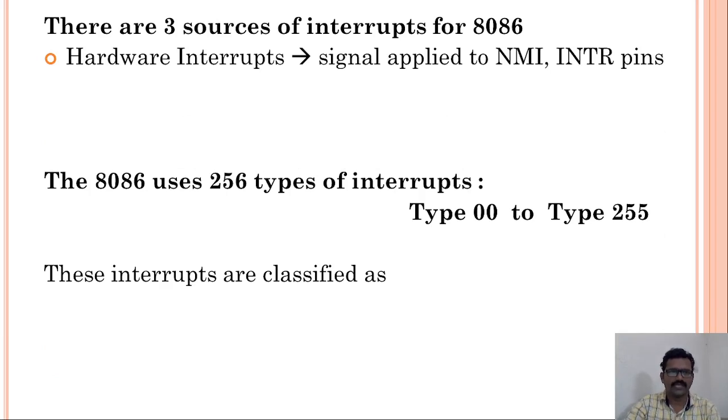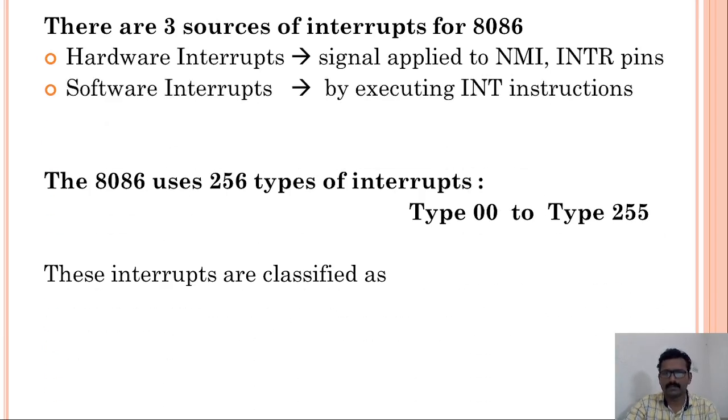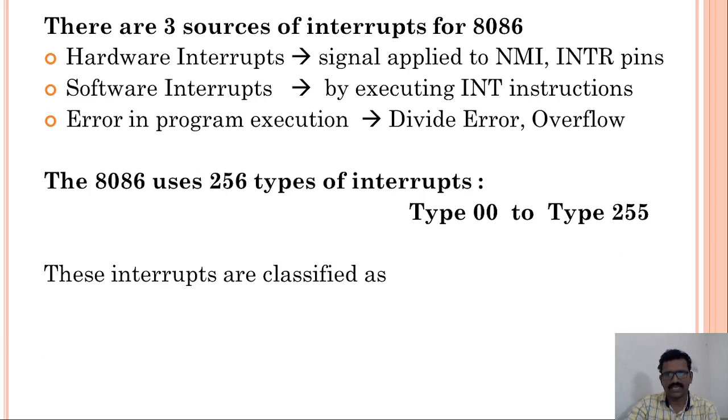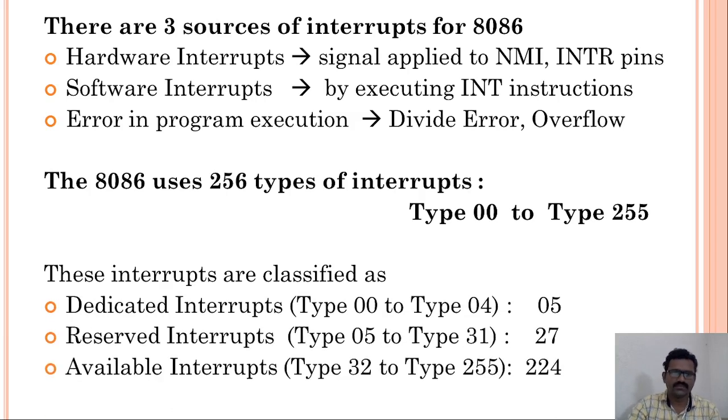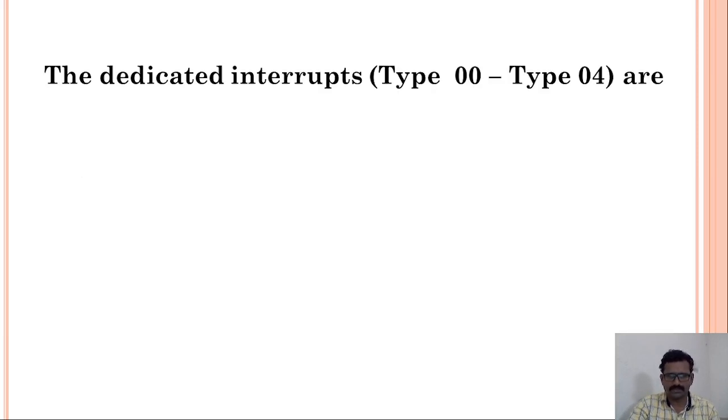For example, there are 3 sources of interrupts: a signal applied to the NMI and INTR pins, the software interrupt by executing the INT instruction, and error conditions such as divide error and overflow. The 8086 uses 256 types of interrupts, and they are categorized into 3: dedicated interrupts, reserved interrupts, and available interrupts.